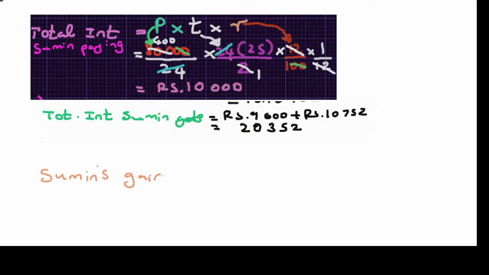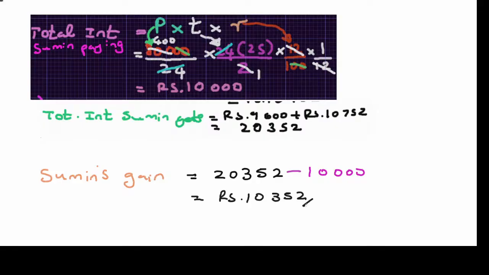Sumin's gain is 20,352, that's the interest he got, minus the interest he's paying, 10,000. So his gain is 10,352. So he is better off by 10,352. So that's what the question is asking, right?